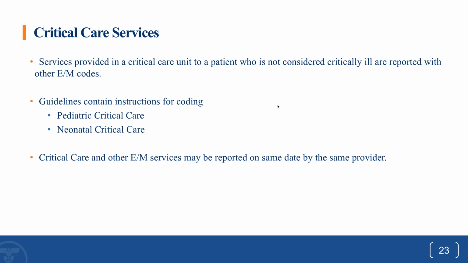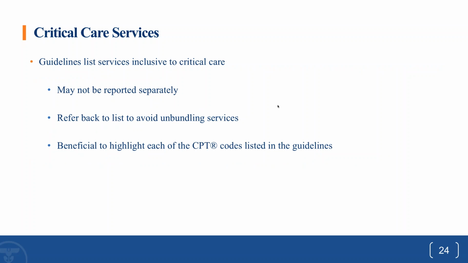Things like CPR, which is 92950, endotracheal intubation, CPT code 31500, I think, and a line placement, when they're placing a line, can also be billed along with critical care. But until we see a question, it will make more sense when we go through the scenarios.